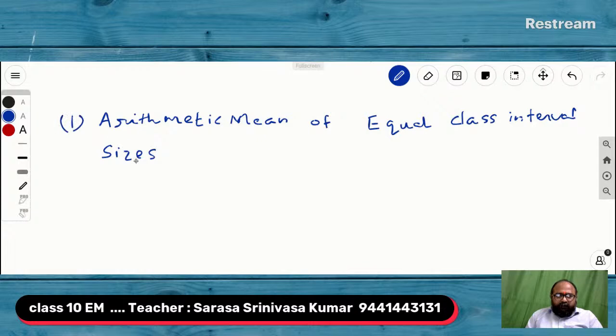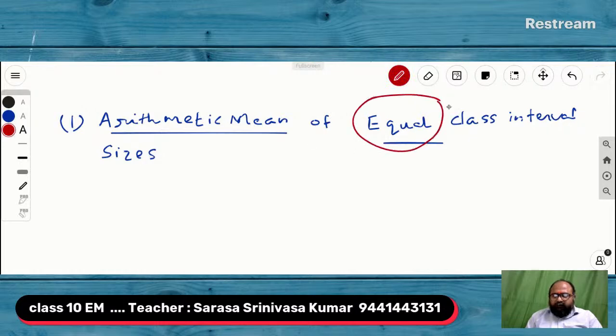So we have calculated the arithmetic mean for equal class interval sizes. This is what you have to remember.